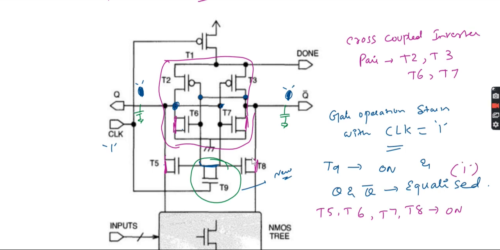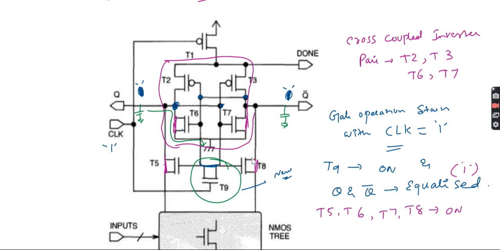Now the gates and drains are connected. Now we can say the Q and Q bar have a path to discharge directly. If I'm having this way, it will start to discharge here. You can see that there is a path to discharge.